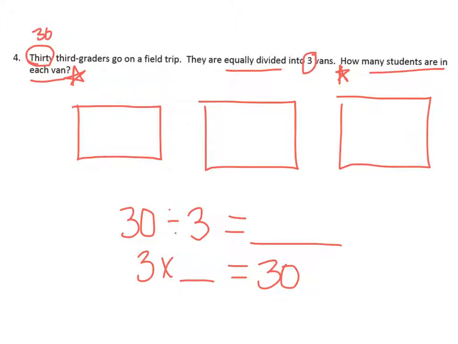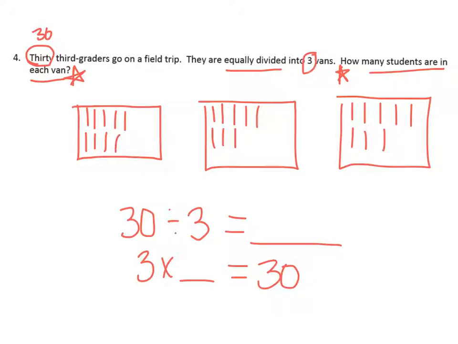If you're not sure, we can take the 30 third graders and put 1 into each van one at a time, like this. 1, 2, 3, 4, 5, 6, 7, 8, 9, 10, 11, 12, 13, 14, 15, 16, 17, 18, 19, 20, 21, 22, 23, 24, 25, 26, 27, 28, 29, and 30.